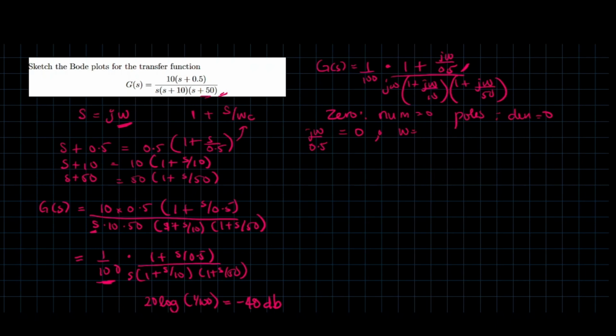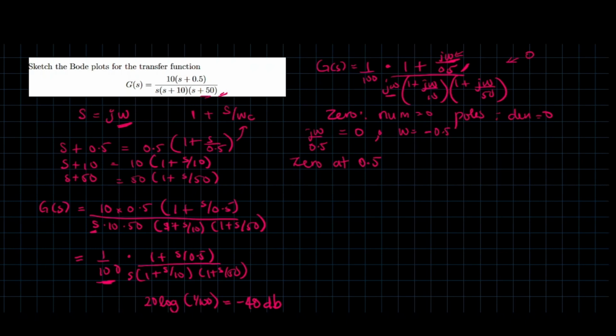If you solve it out, w will be equal to minus 0.5. It means that if I substitute in the value of minus 0.5 here, this entire equation will become 0. So therefore, we have found our first zero at 0.5. Yes, I know I didn't include the minus because the minus shows direction. We only want magnitude since we are working for the Bode plot.